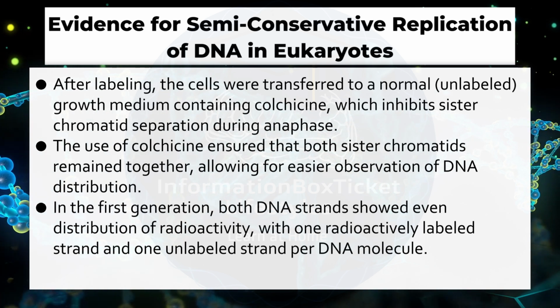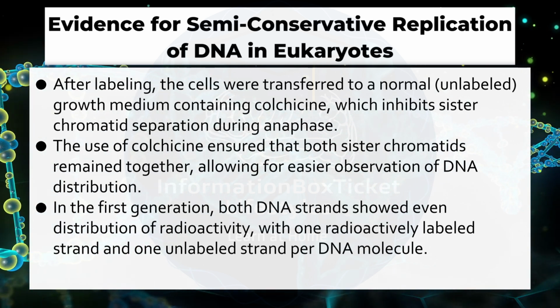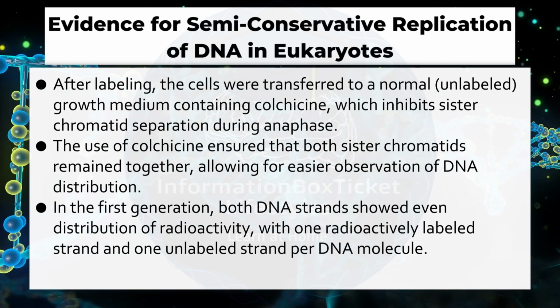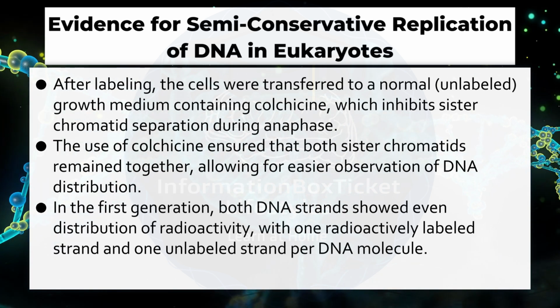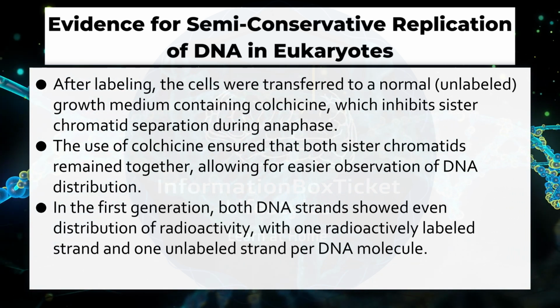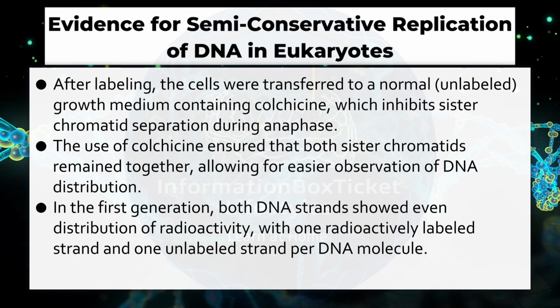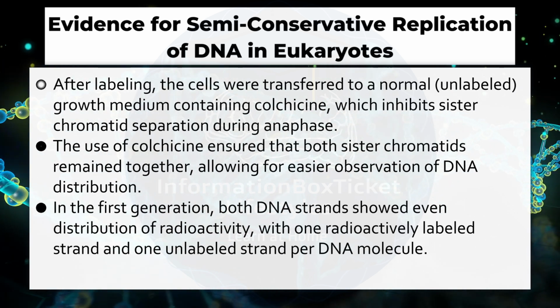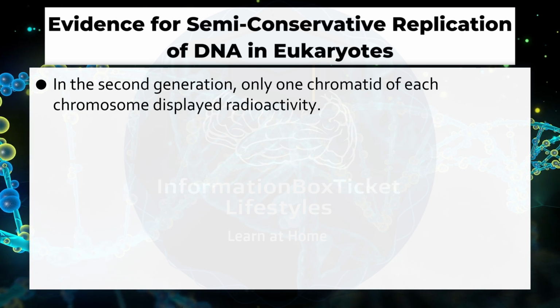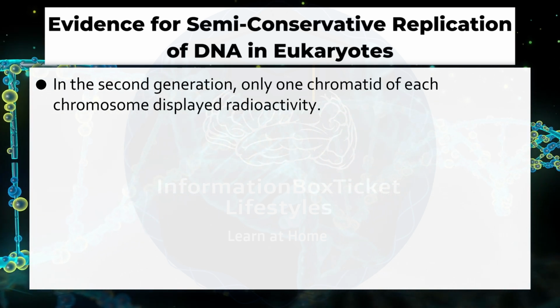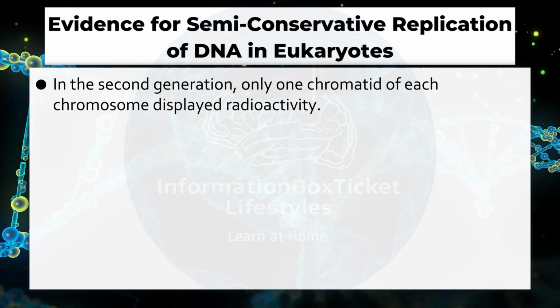In the first generation, both DNA strands showed even distribution of radioactivity, with one radioactively labeled strand and one unlabeled strand per DNA molecule. In the second generation, only one chromatid of each chromosome displayed radioactivity.